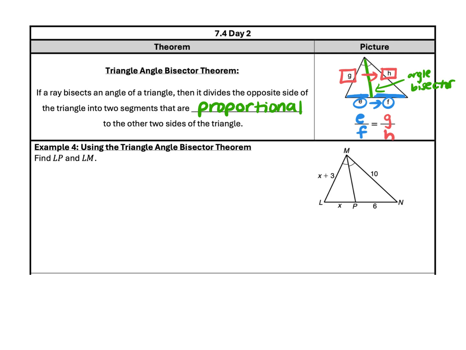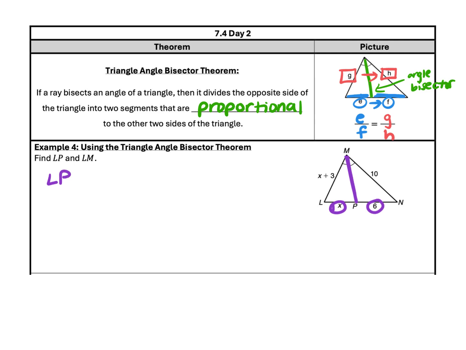Now let's look at this example here. You could certainly go straight to writing the proportion, but for this first example, I'm going to use the letters to kind of match the theorem up above. So the ratio of the angle bisector here that's dividing this into two equal parts. So that's the x and the 6.